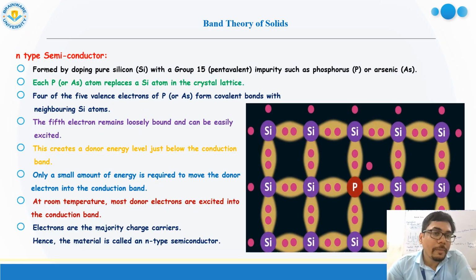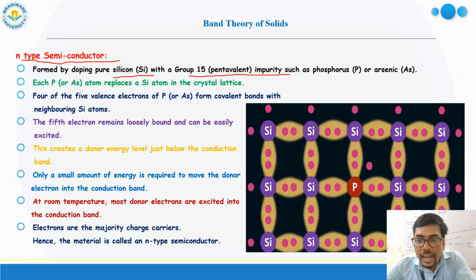So at first I am talking about N-type semiconductor. In case of N-type semiconductor, we have taken a pure silicon atom that is doped with a group 15 pentavalent atom. Phosphorus is a pentavalent atom. So in the crystal of silicon, a small amount of phosphorus is added as an impurity.